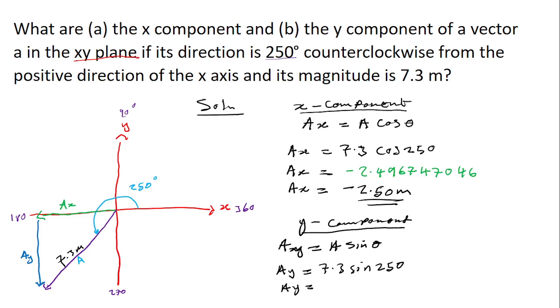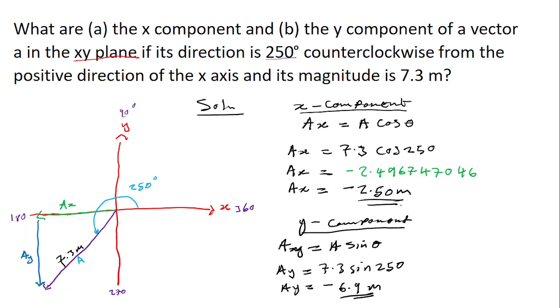Negative 6.859756132. Okay, can I have the rounded off, which is going to be negative 6.9, negative 6.9 meters.